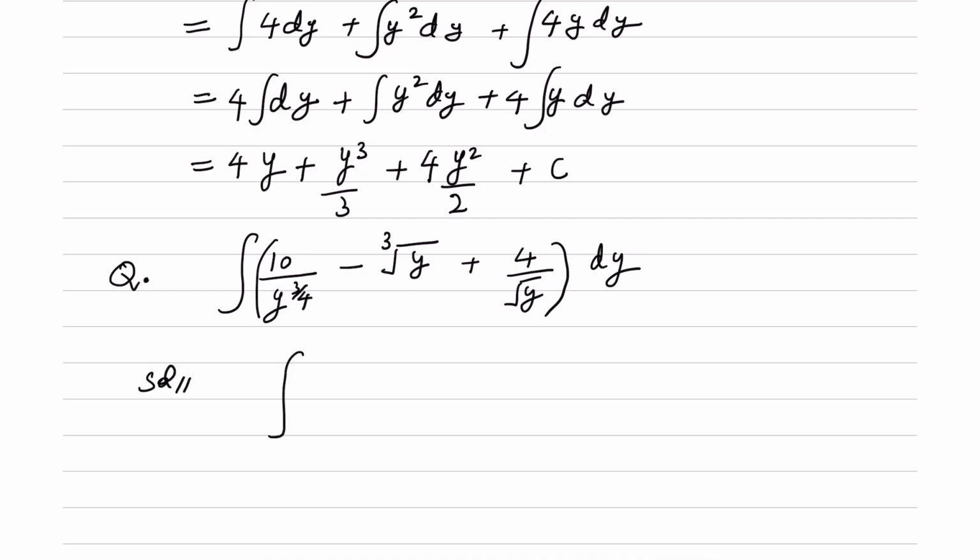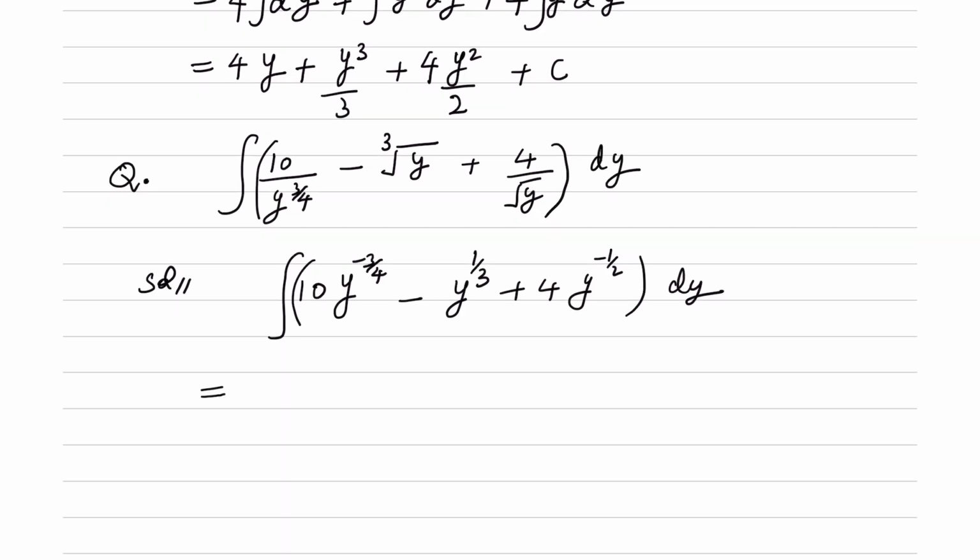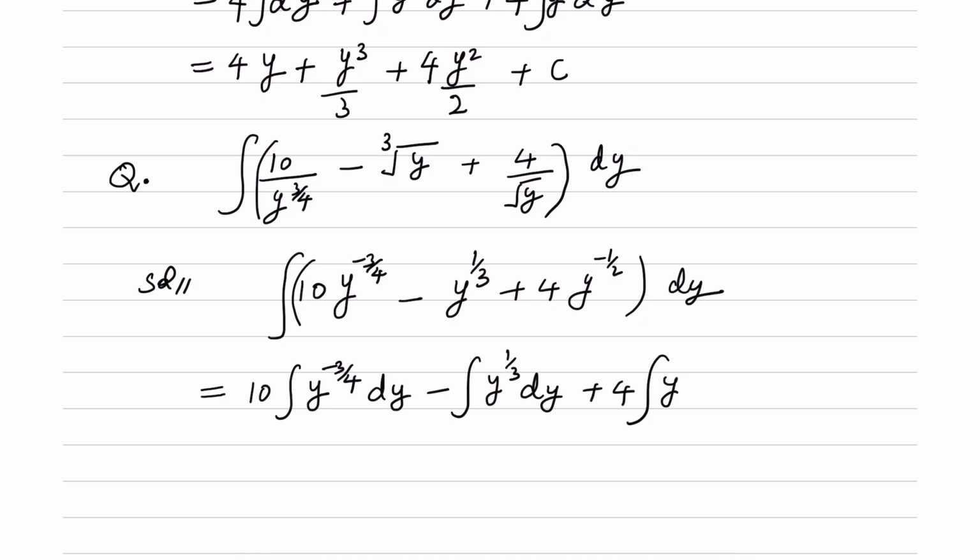First we will rewrite this expression as 10 into y to power minus 3 by 4 minus y to power 1 by 3 plus 4 y to power minus 1 by 2, and we have to integrate this all with respect to y. Now we can take the constants outside. We have to integrate y to power minus 3 by 4 with respect to y. We have to integrate y to power 1 by 3 with respect to y. We take 4 outside and we have to integrate y to power minus 1 by 2 with respect to y.